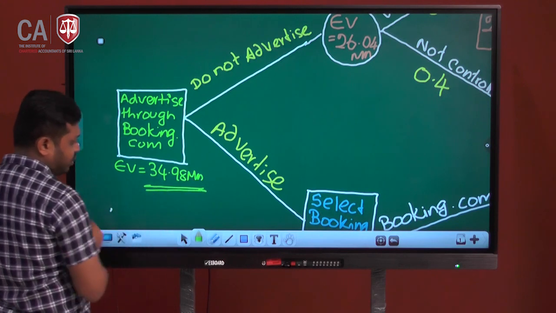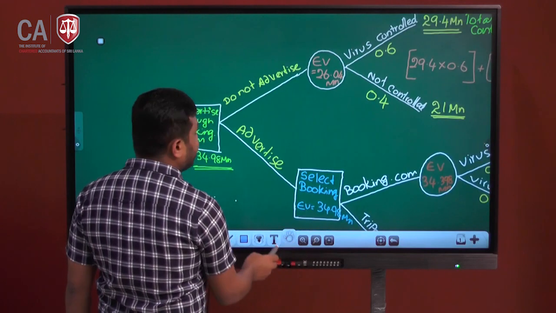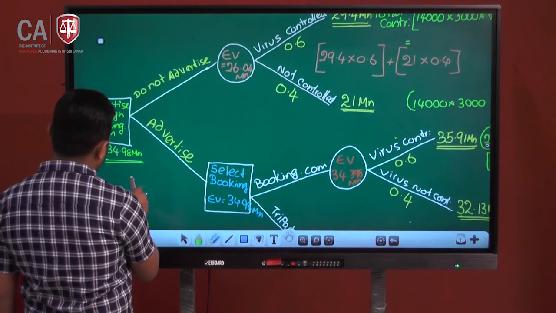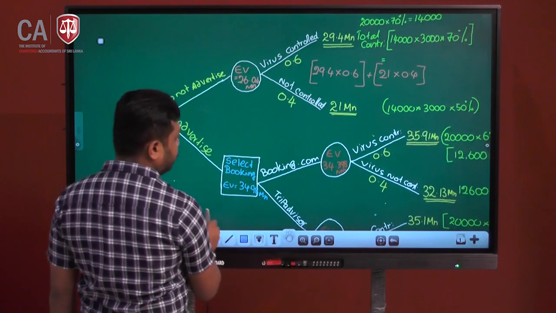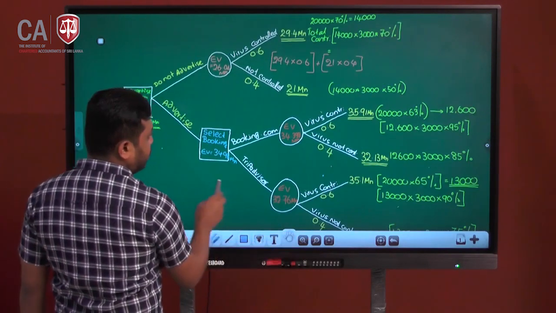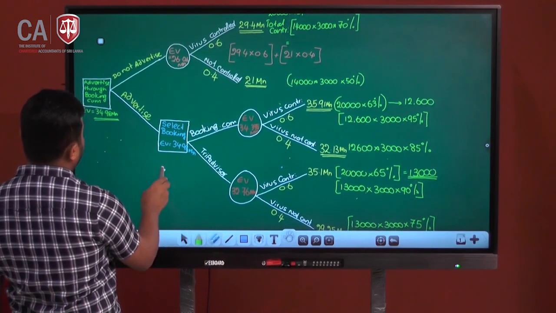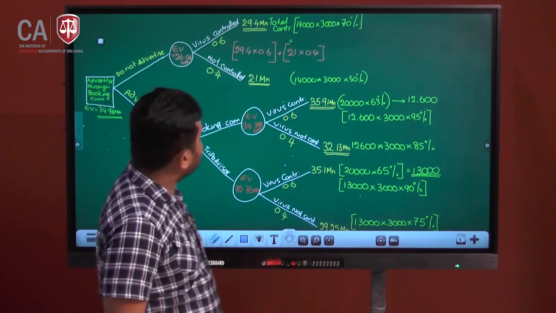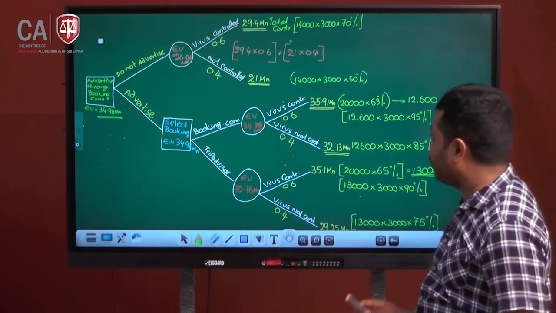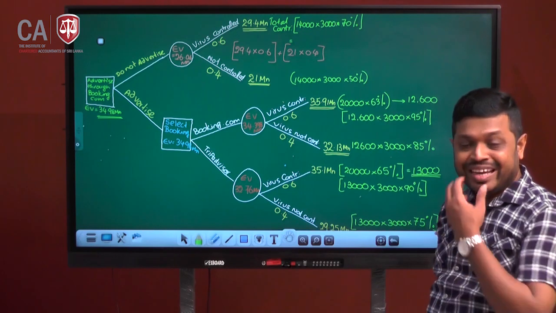That is the final answer. Advertise through booking.com. Right. Now I think you can see all the calculation. This is how question number 4 looks, and this is how it will be worked out.